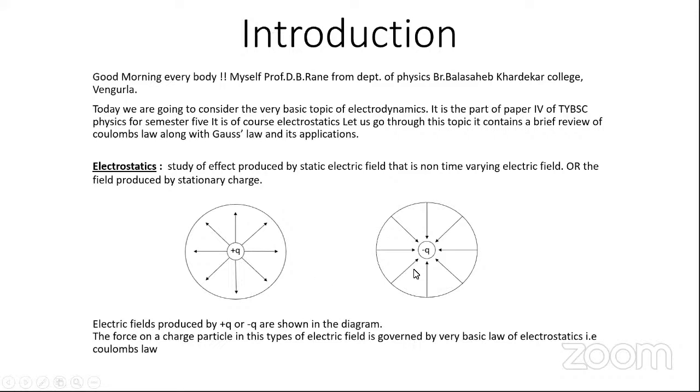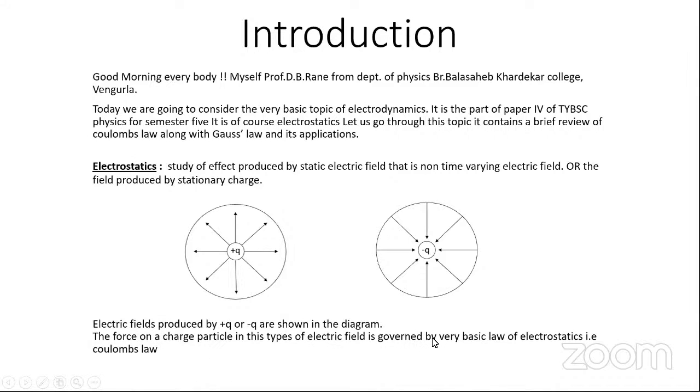Here we also have a negative charge, because we have two types of charges, positive and negative. The lines of force or electric field lines come to the negative charge. This is the convention for the electric force and electric field intensity.